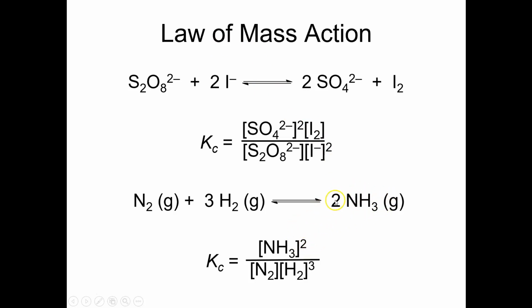So it's going to be the concentration of ammonia squared, divided by, now, the product of the concentrations of the reactants raised to the power of their coefficients in the balanced equation. So it's going to be N2 times the concentration of H2 cubed, because that has a coefficient of 3 in the balanced equation.